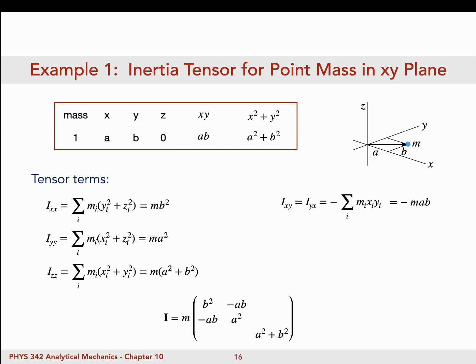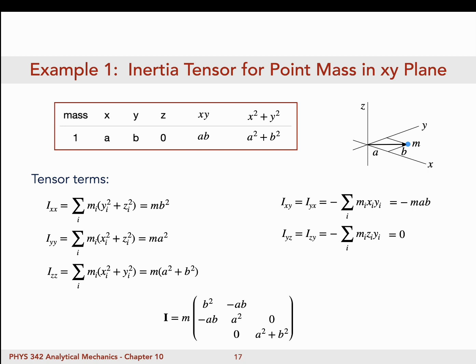All right, let's look at the off-diagonal terms. Ixy, which is Iyx, is negative m x times y, so minus m a b, so you just get a minus ab in these two off-diagonal terms.